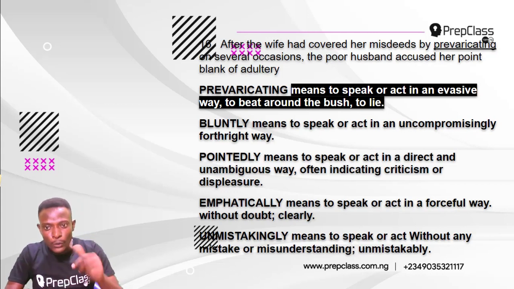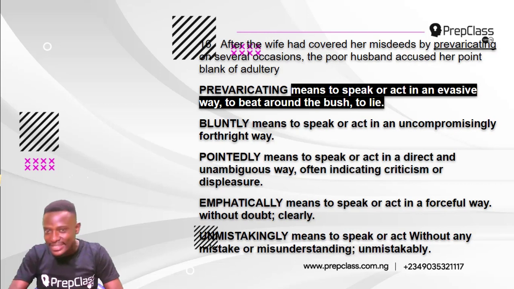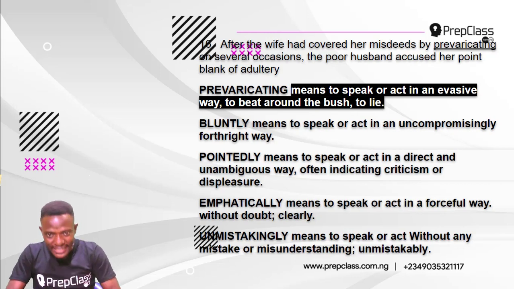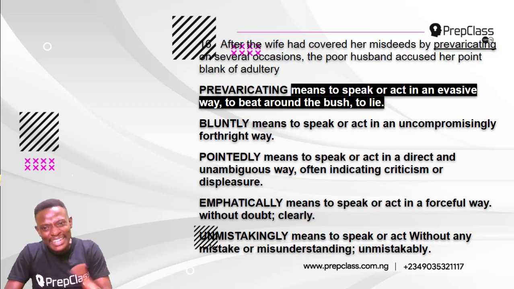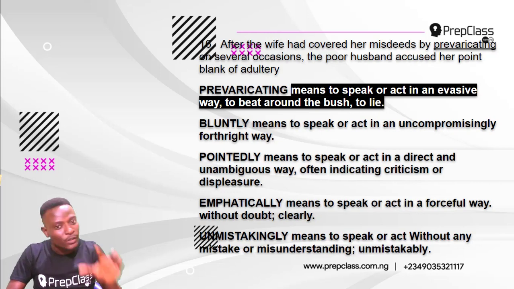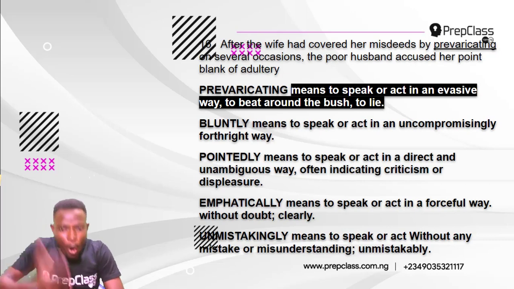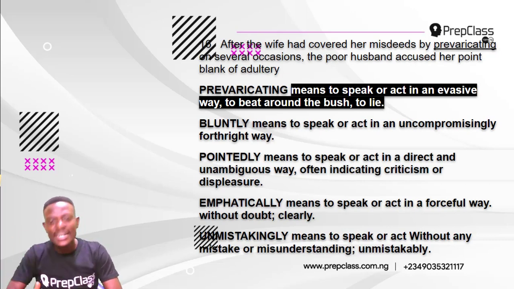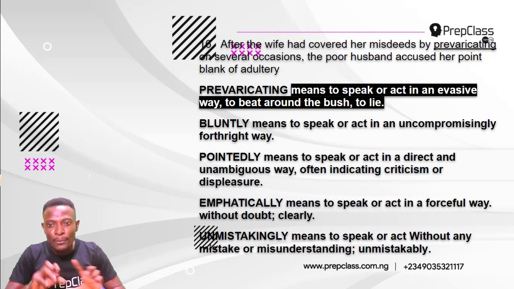Now, this can also serve as an antonym for prevaricating. Option C, emphatically. Emphatically means to speak or act in a forceful way, without doubt, to speak clearly. Option D, unmistakingly. Unmistakingly means to speak or act without any mistake or misunderstanding. To speak or act unmistakably.